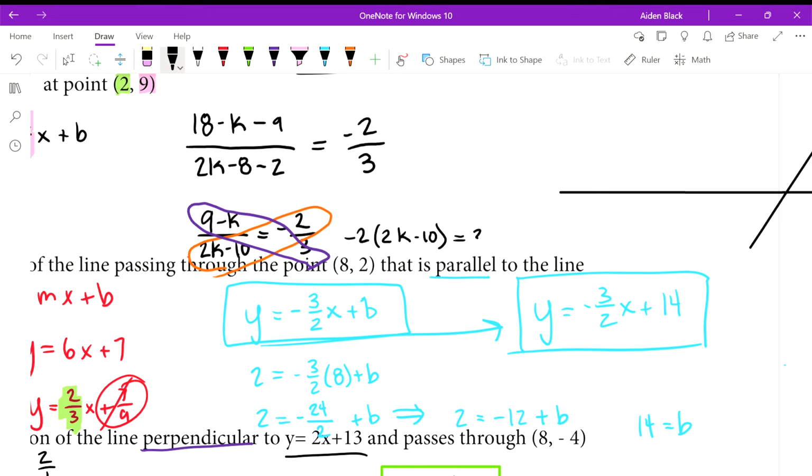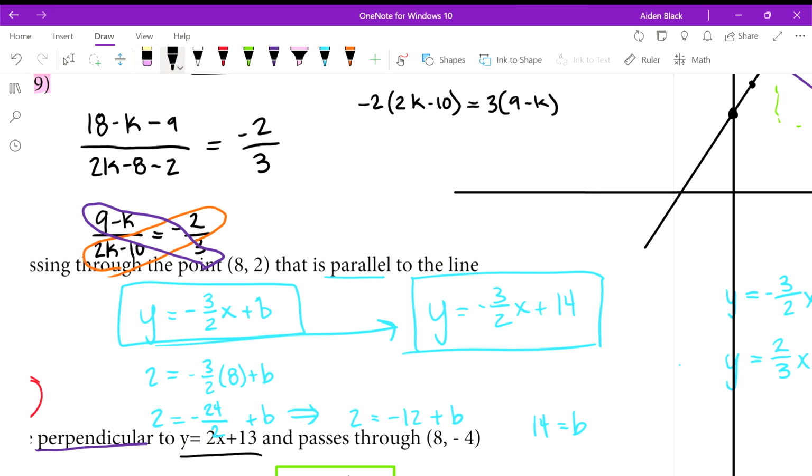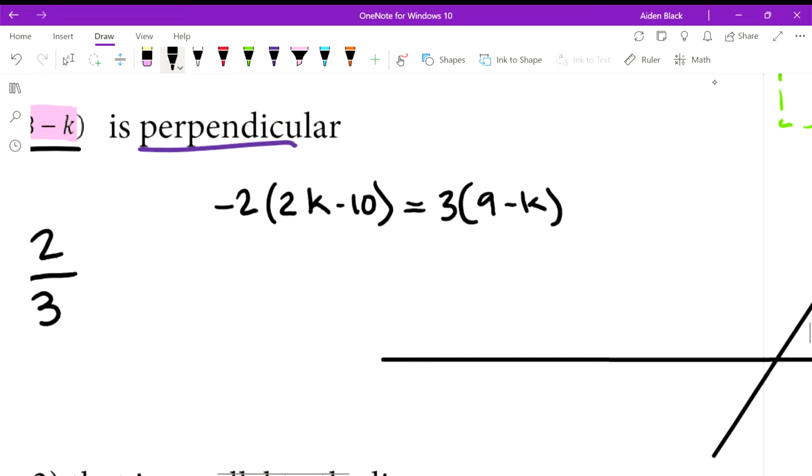So let's try it like this. 3 times (9 - k). Cool. Now once I simplify this, I'll find the value of k. We get -4k + 20 is equal to 27 - 3k.